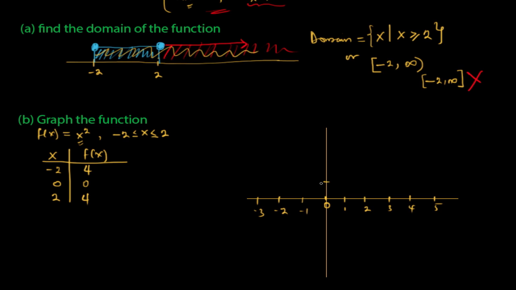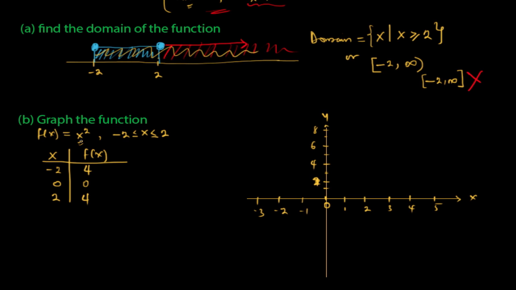This is 0, and this is 2, 4, 6, and then 8. Something like this. So we have a graph something like this. This is my y-axis, and this is my x-axis.